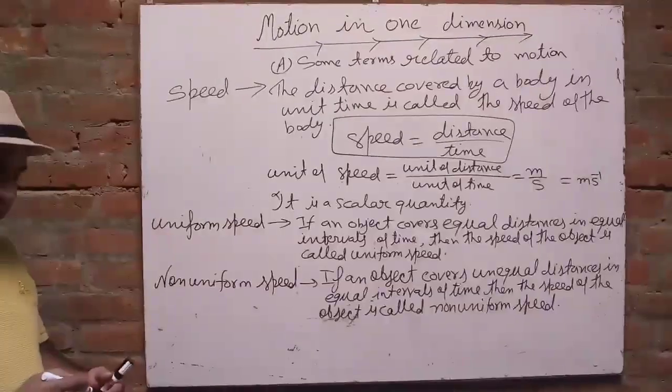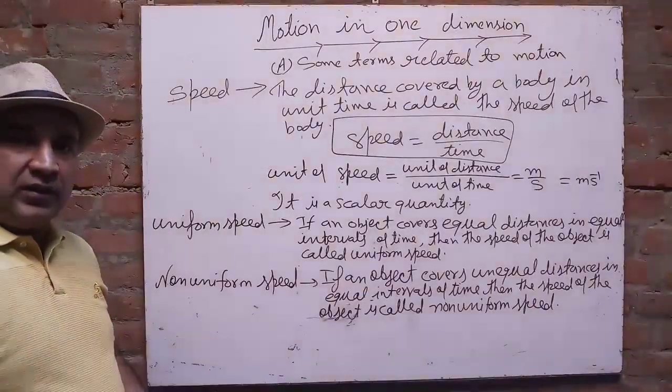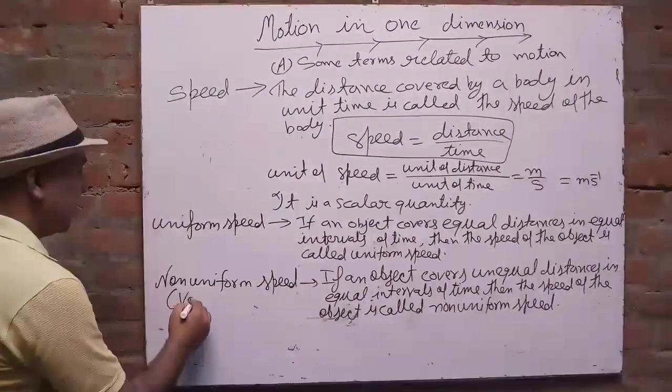Understood? If speed is varying continuously, that is why it is called variable speed also.